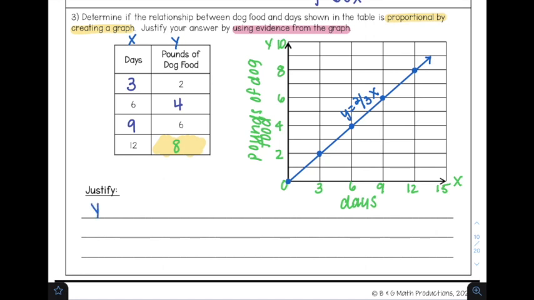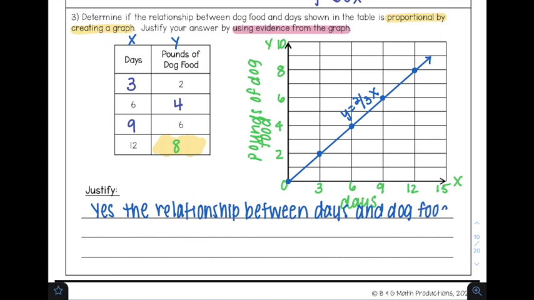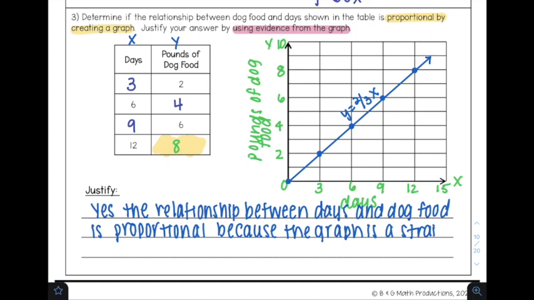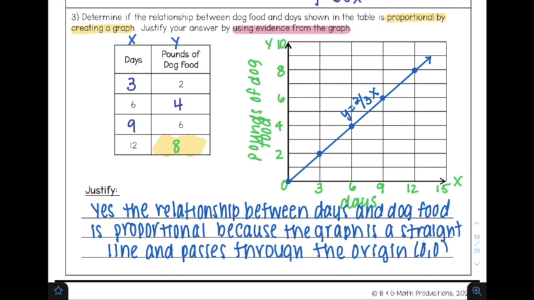So yes, the relationship between days and dog food is proportional because the graph is a straight line and passes through the origin, 0, 0.